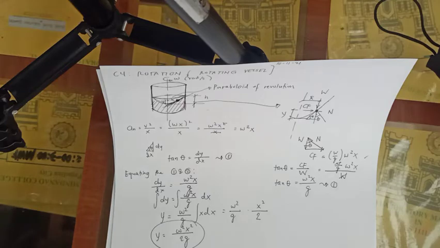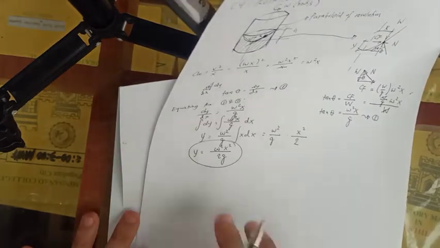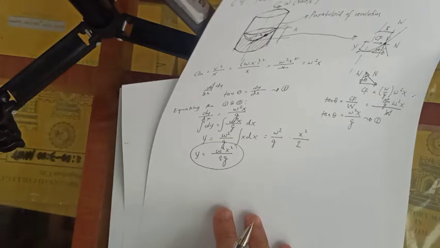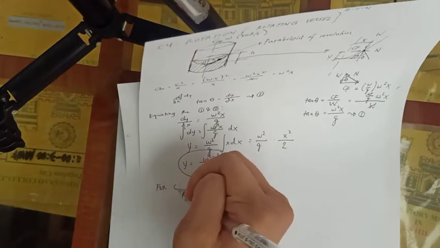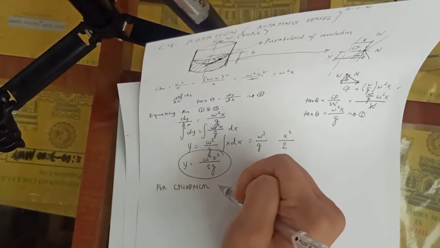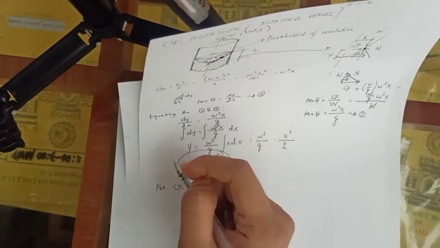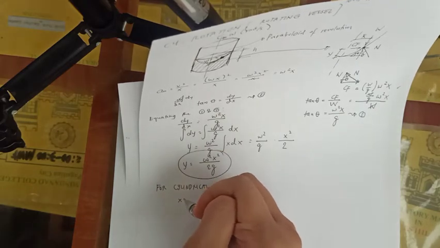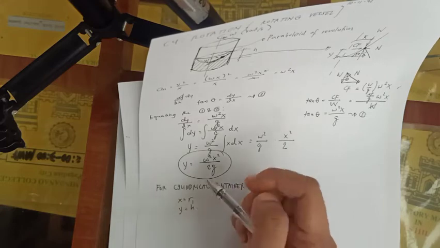So for a cylindrical container of radius r revolved about its vertical axis, the height of the paraboloid is h. So x equals r sub 1, y is equal to h.